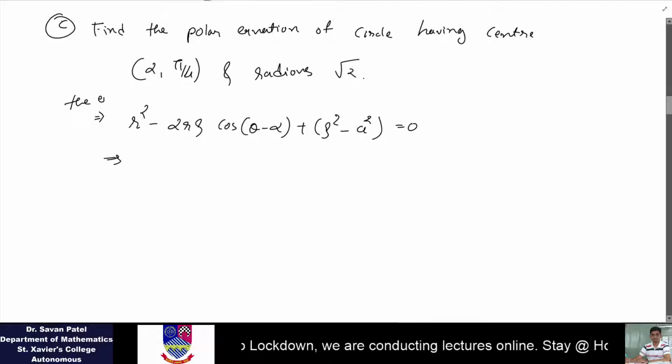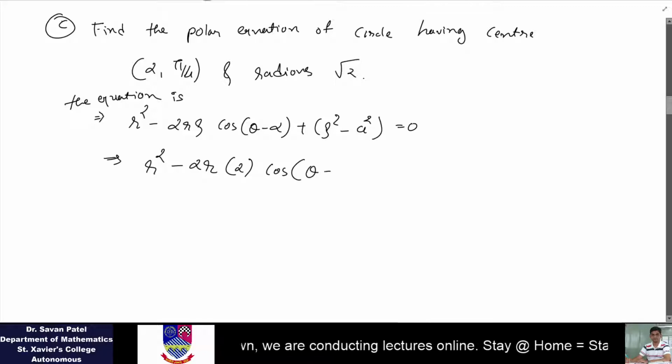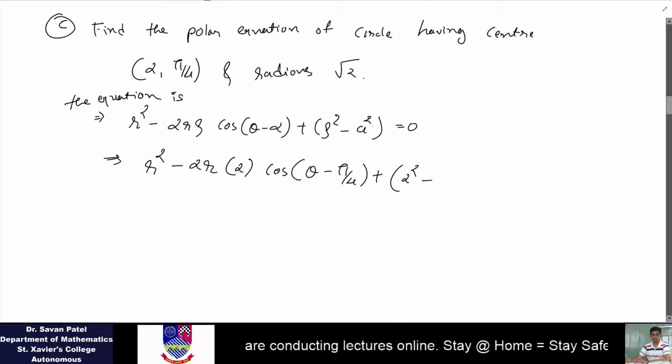The equation is this one. So r square minus 2r rho, that is 2, cos theta minus pi by 4, plus rho square, that is 2 square, minus a square, that is root 2 square, that is 2, is equals to 0.